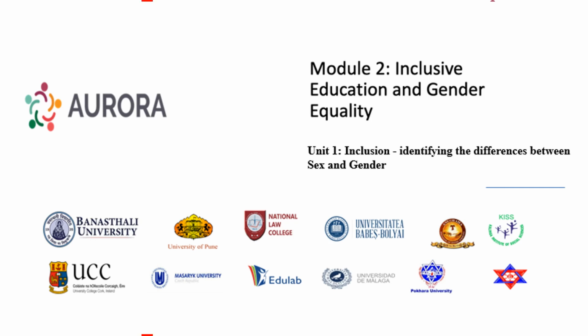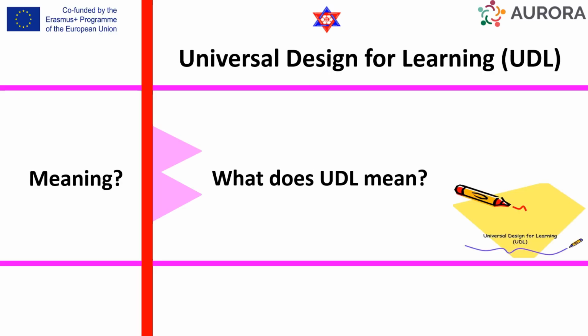Let's have a brief discussion about universal design for learning. Have you ever heard about universal design for learning? I mean, do you know the meaning of universal design for learning?